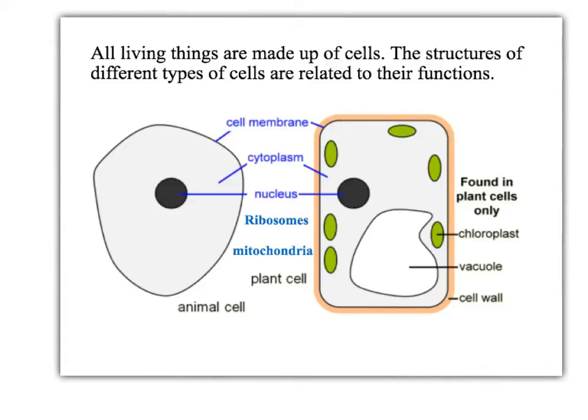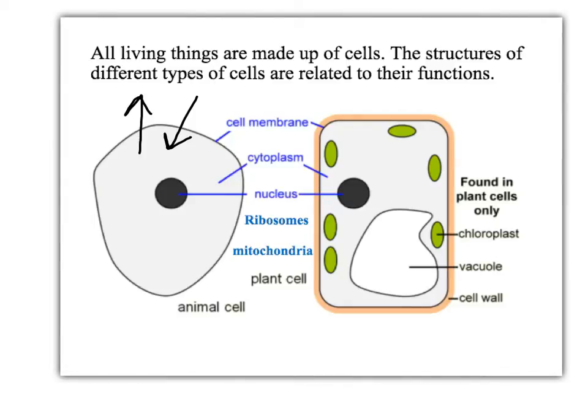So if we think about what some of these organelles do inside a cell, so first of all, the cell membrane, that basically controls what is going to go in and out of the cell. So things like oxygen are going to diffuse into the cell, things like carbon dioxide are going to diffuse out.